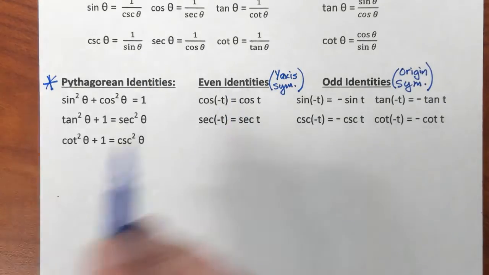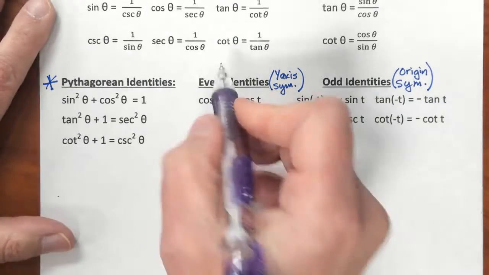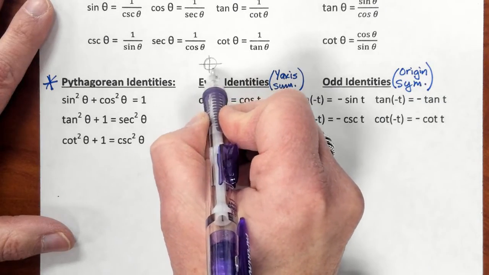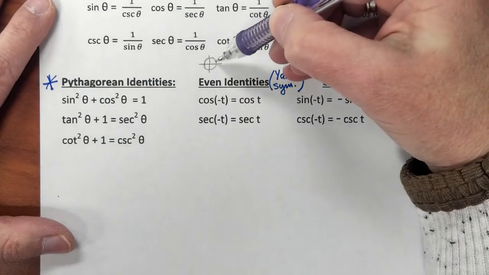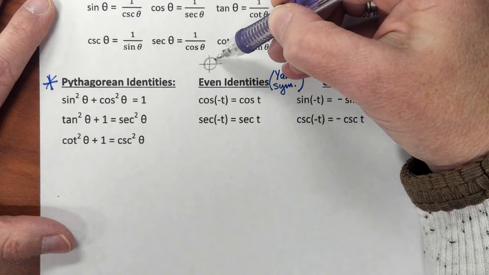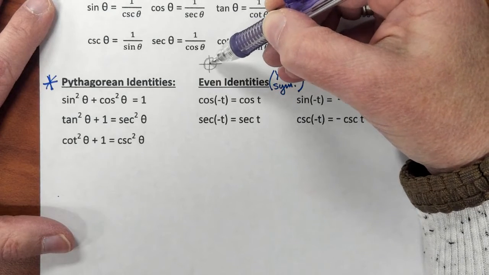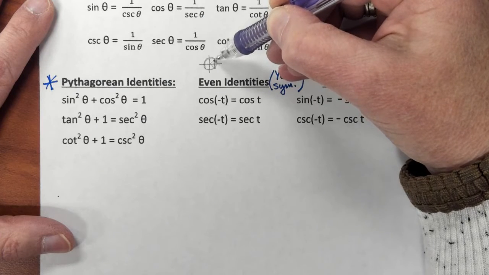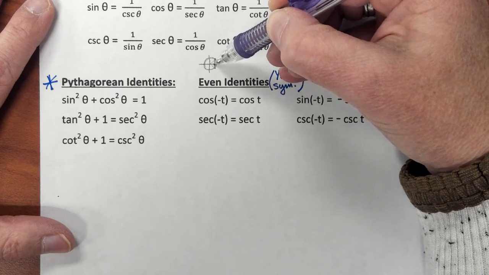Remember when we talked about the even identities, I drew a circle and we said if you have a positive theta, you come up here, and then if you go to the negative theta, they have the exact same cosine value, x value.